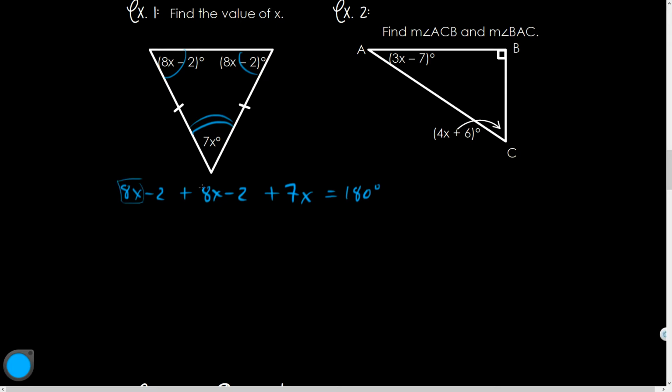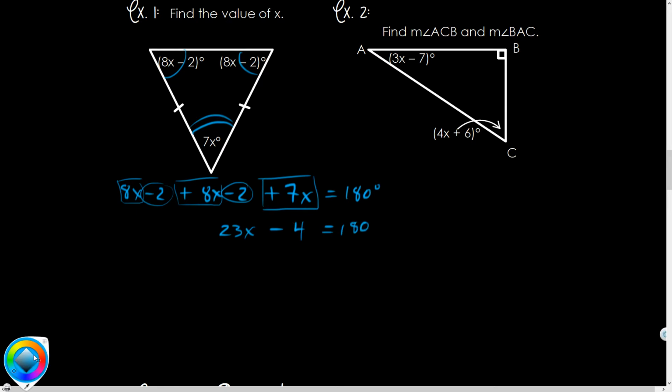Let's combine some like terms. 8x plus 8x is 16x, plus 7x is 23x, minus 4 equals 180. Man, good old algebra. Remember that? So 23x equals 184. Divide by what?